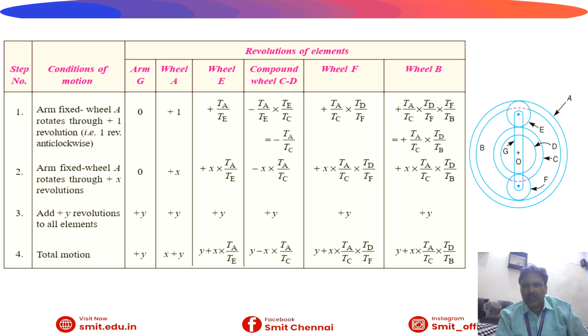So wheel B is the product of all this, that is TA by TC into TD by TF into TF by TD. Based on this we will get the final values.